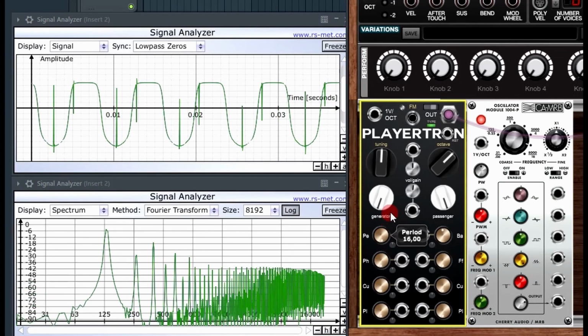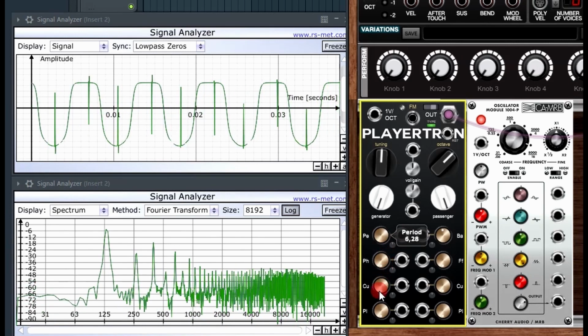Okay, we can see now even clearer than before that the period parameter indeed does not change the period of the generator. It stays constant.